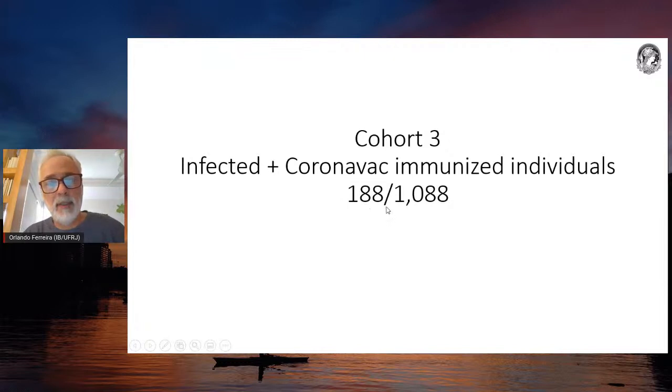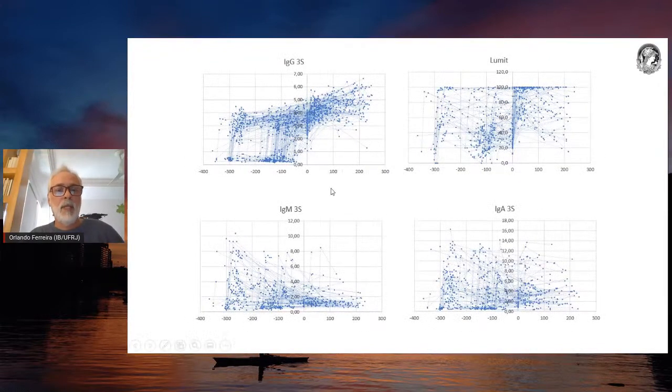We have 188 individuals in such cases, and this contributed about 1,000 samples for analysis. What we see with IgG levels, time 0 represents the first dose of CoronaVac.